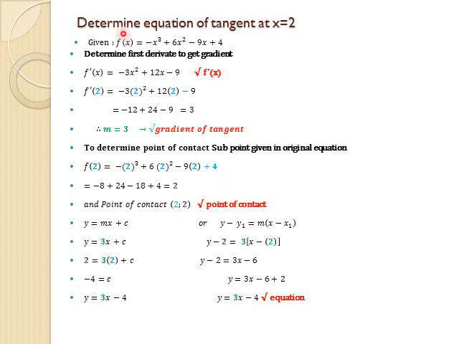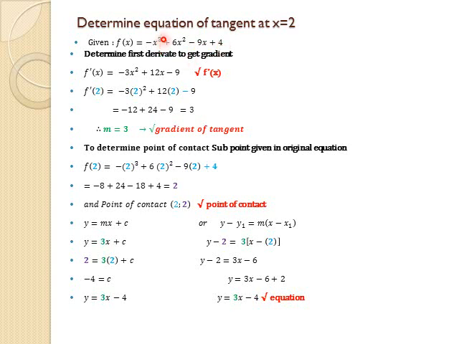Right, let's look at another problem. Now in the second problem, determine the equation of a tangent at x equals 2. So we're going to use that value to get the gradient and the point of contact. So first, to get the gradient, we're always going to find the first derivative. Given f of x equals minus x cubed plus 6x squared minus 9x plus 4.